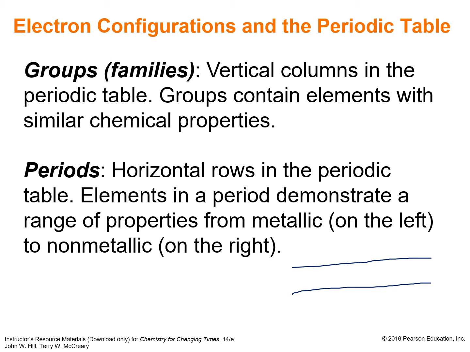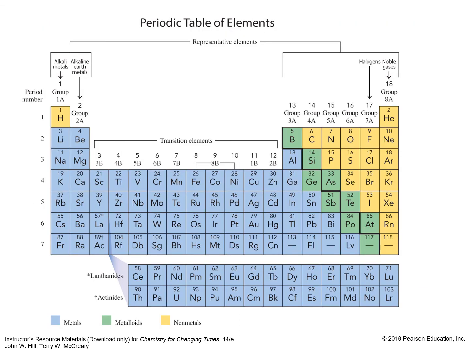So let me show you a periodic table and get on to these terms. Here's a picture of the periodic table, and look here, period number. You have basically 7 rows here.